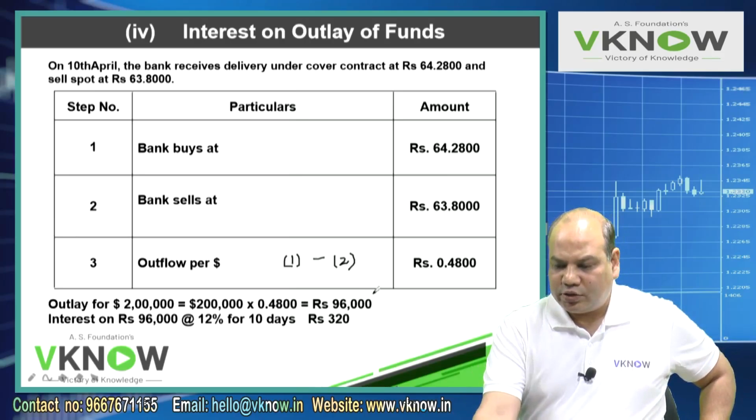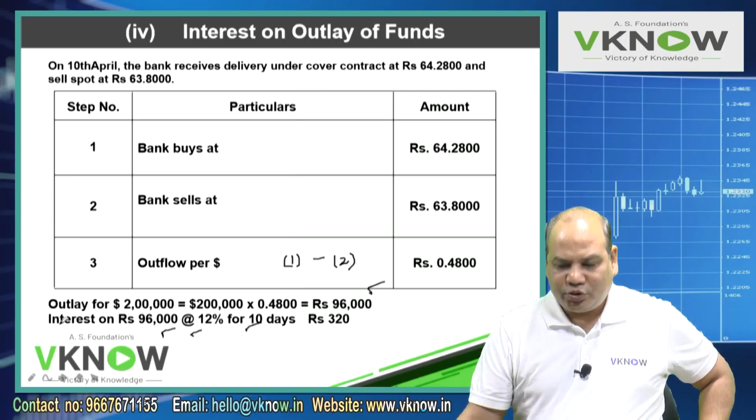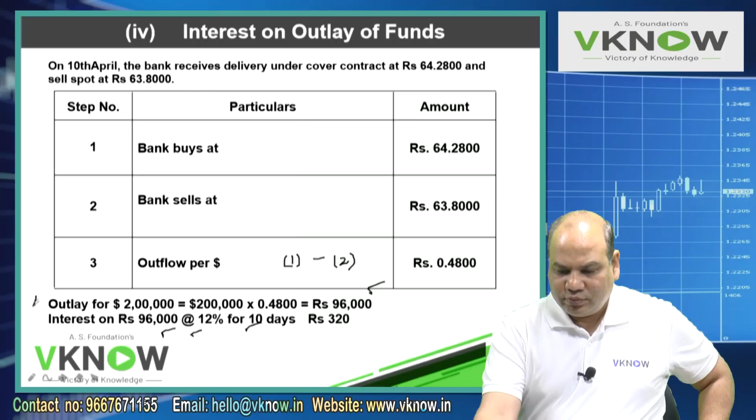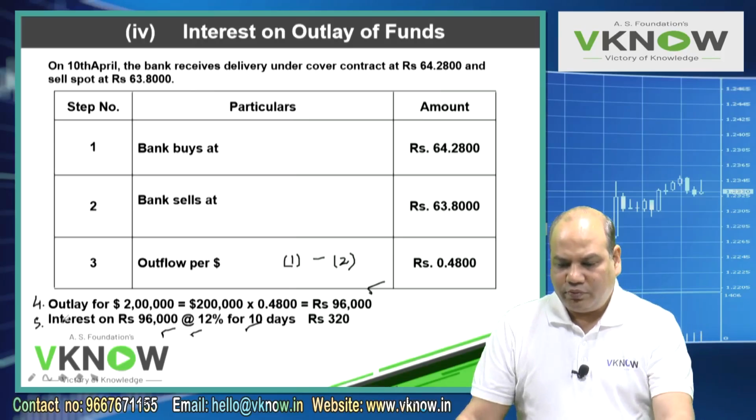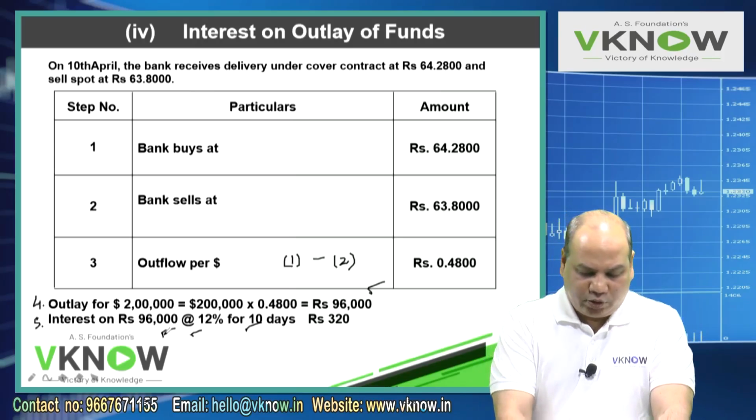On 96,000 rupees, they will calculate interest at 12% for 10 days. So point number 5 write down. Interest on outlay of fund rupees 96,000 at the rate of 12% for 10 days.